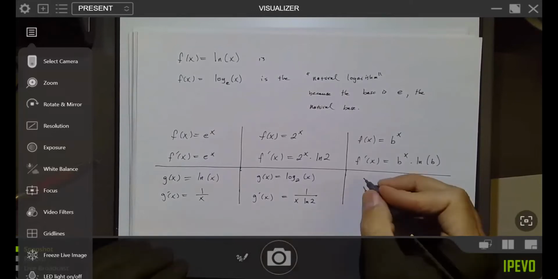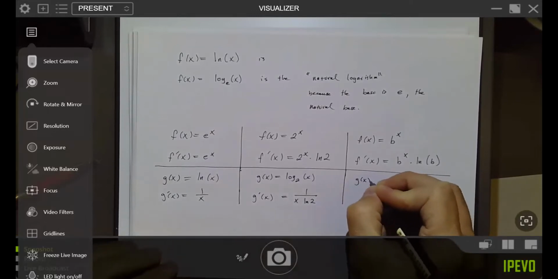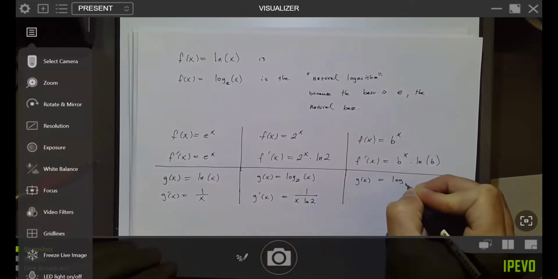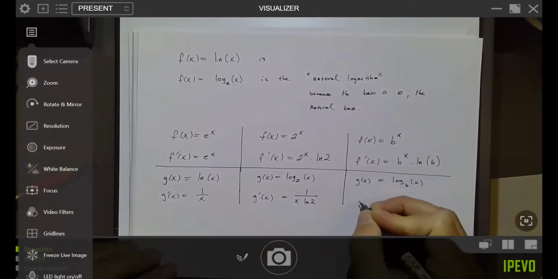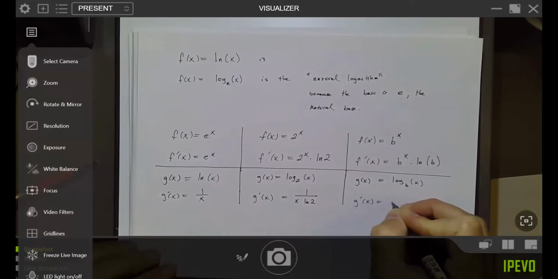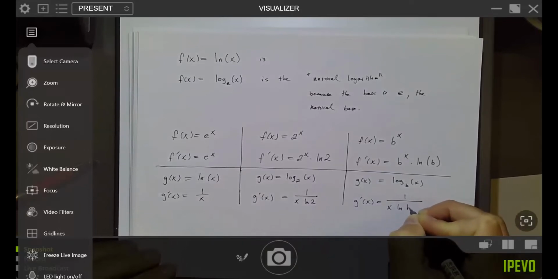And generally, if your function is log base b of x, your derivative is 1 over x times the natural log of that base.